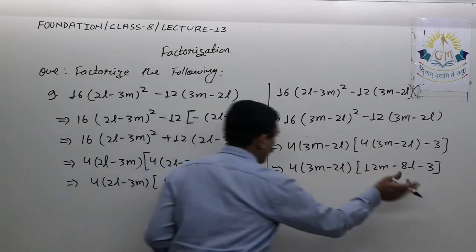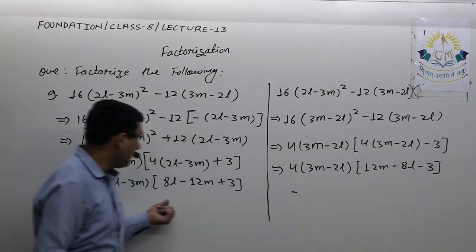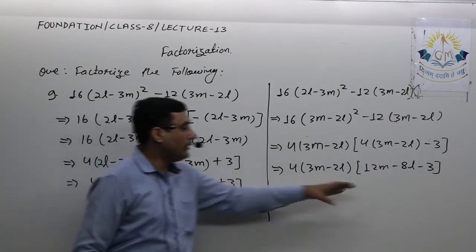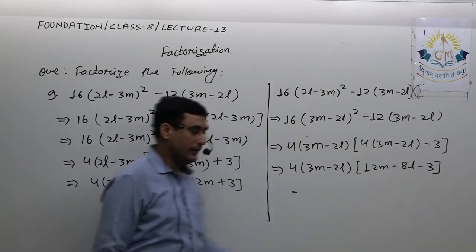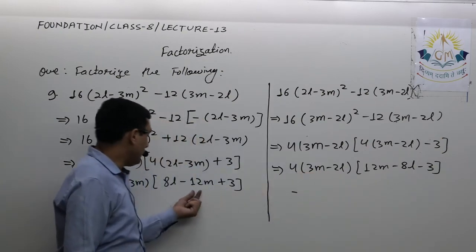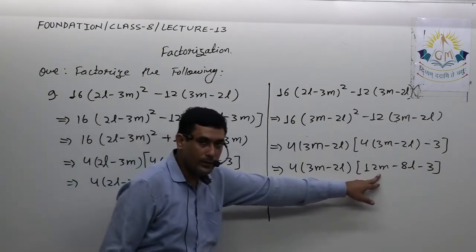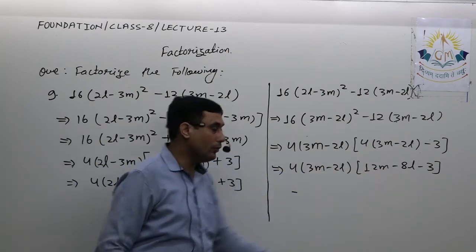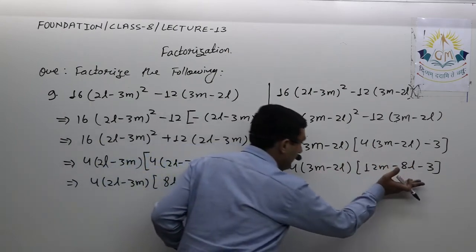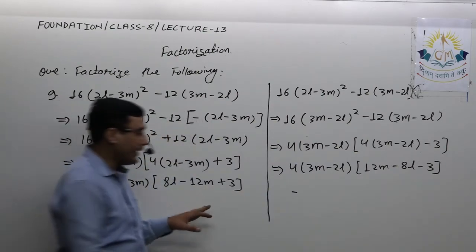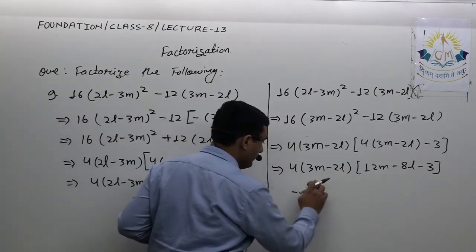Okay, now if we talk about this second term, here again you can see all three terms over here and over here are different in sign. Here 8l is positive, here 8l is negative. Here 12m is negative, here 12m is positive. Here 3 is positive, here 3 is negative. So if I want to convert this expression exactly into the form of this expression, again I have to take a minus sign common.